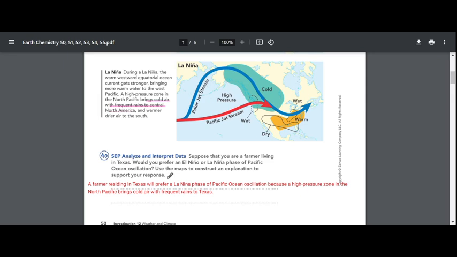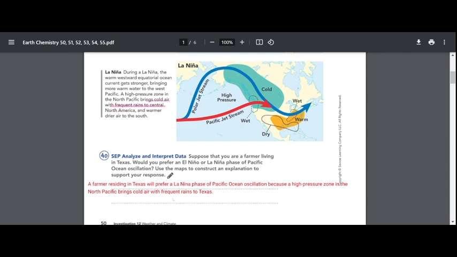Just for clarification purposes, when it says Central North America, and then in the question they ask specifically about a farmer in Texas, Texas is in central North America.